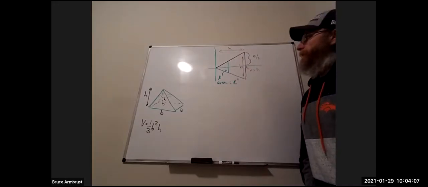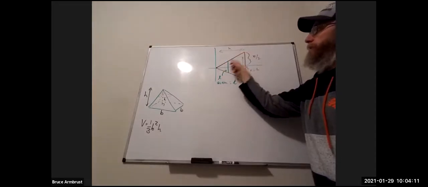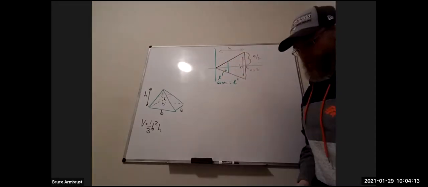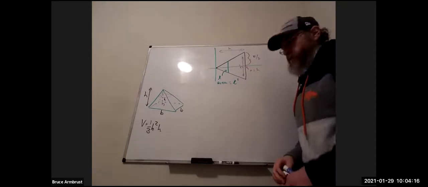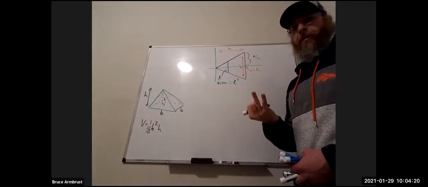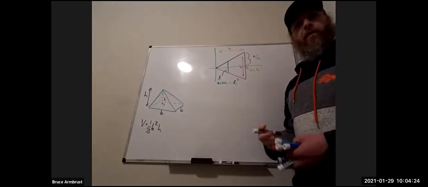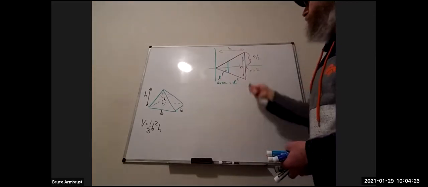Well, to figure out that length, it's probably going to be useful if we know an equation for this side. So let's see if we can find an equation for that line. So think about what you need for a line. You need a slope and you need the y-intercept. Well, the y-intercept we know is 0, so that's going to be 0. But we need to figure out its slope.